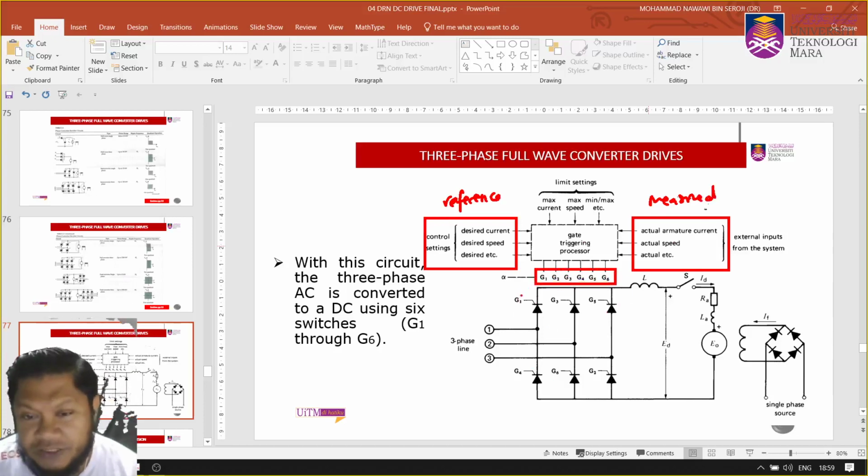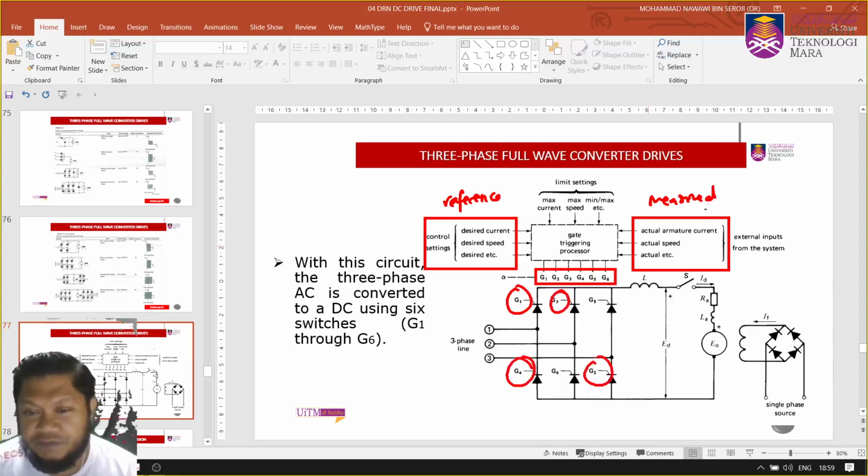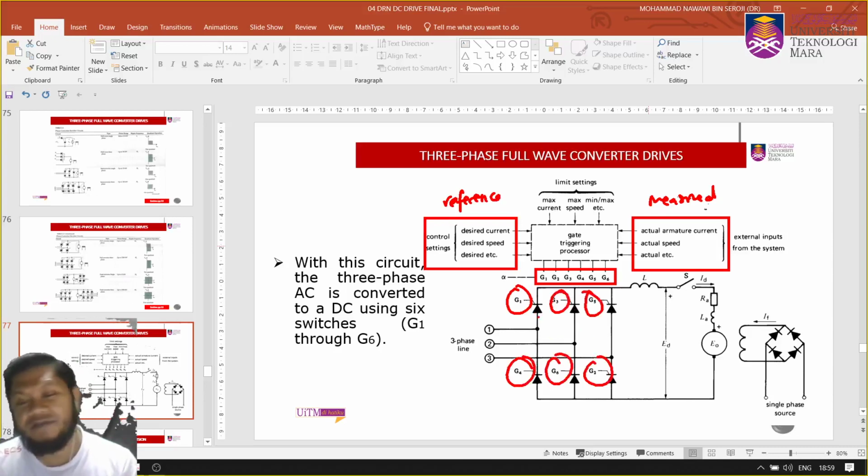So it's always G1, G2, G3, G4, G5, G6 connection. The label of the thyristor here is very important, so it actually follows the sequence of operation.